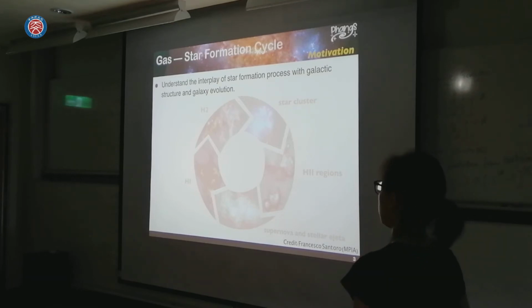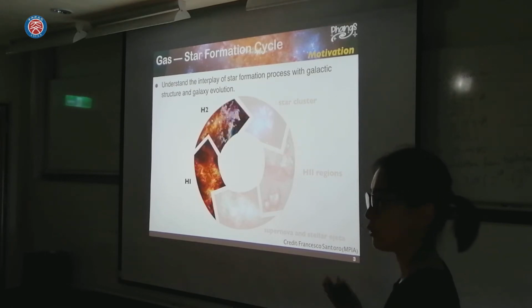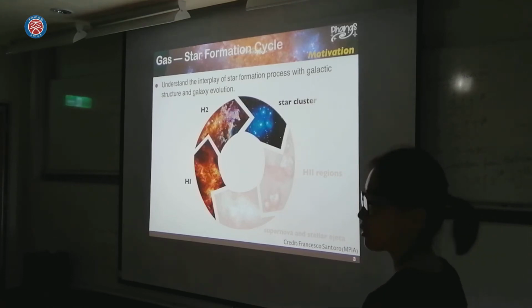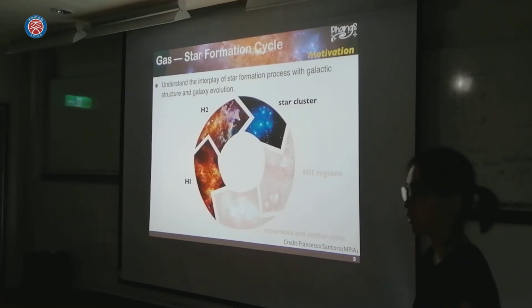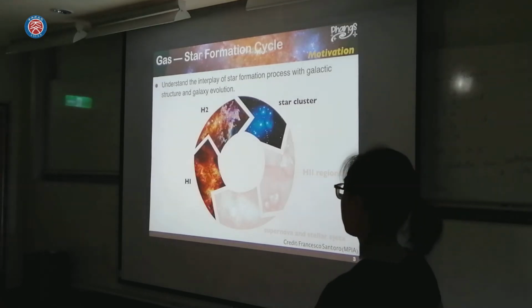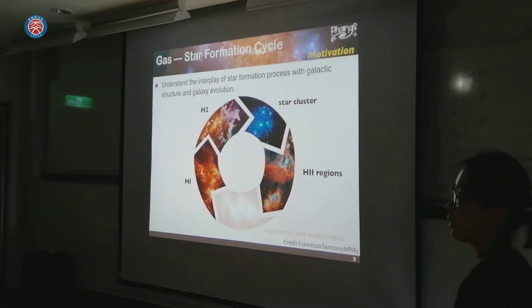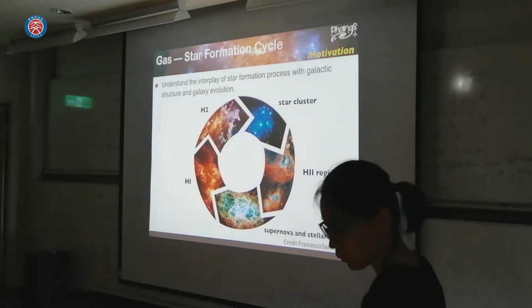This includes the physical properties of cold gas, especially the molecular gas, the properties of star clusters, and the interaction between stars and gas, that is, the stellar feedback that drives mass and energy into the interstellar medium by HII regions and supernovae.